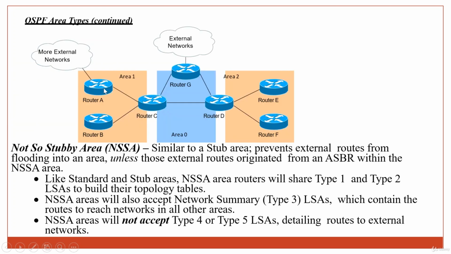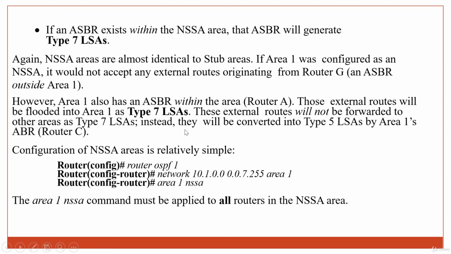Now these external routes will not be forwarded to other areas as type 7 LSA. Instead they will be converted into type 5, and that's the key, and that I'm going to summarize.